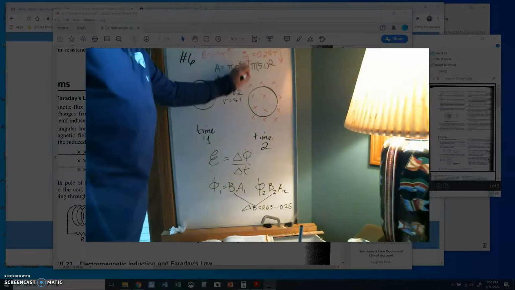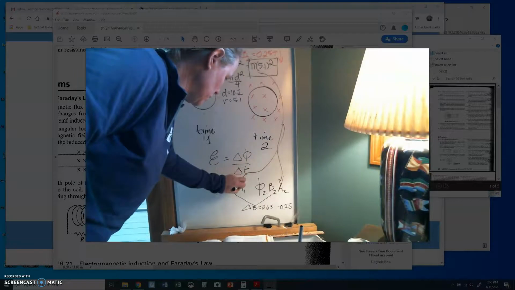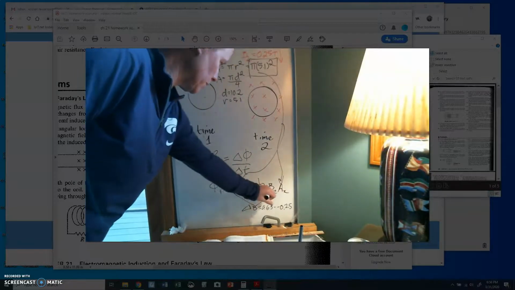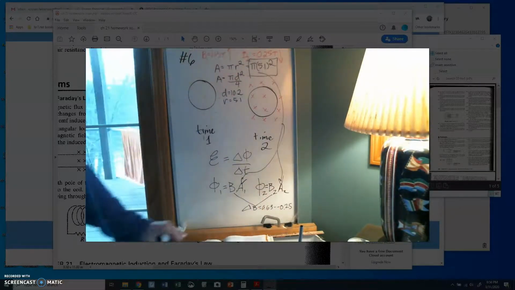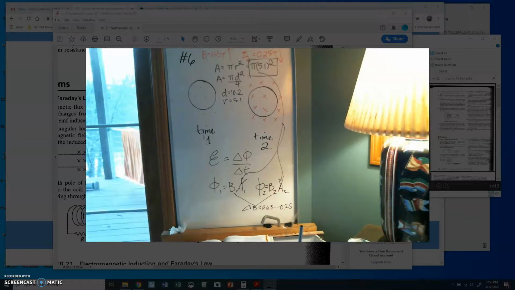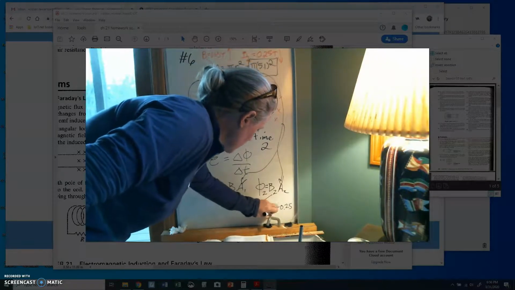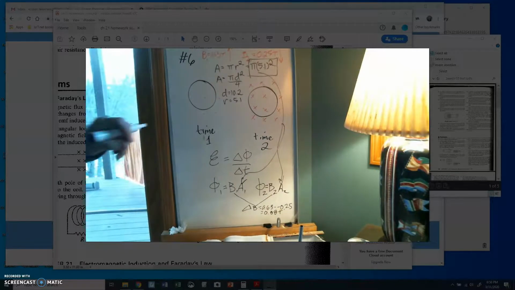So I've got my area. I've got my B1 and B2, and I've got that delta B that's going to be impactful, so it looks like it's 0.88. 0.88 Teslas is my delta B.